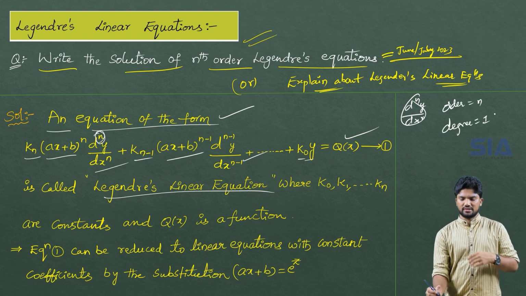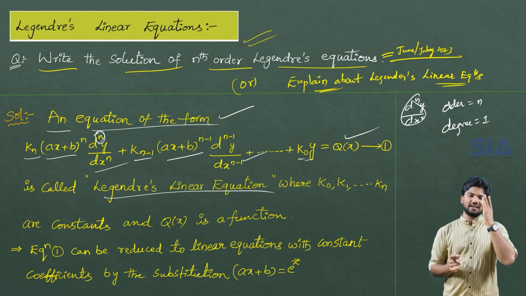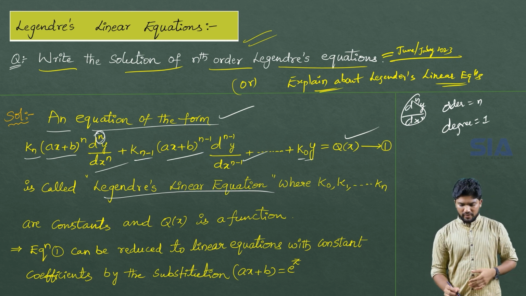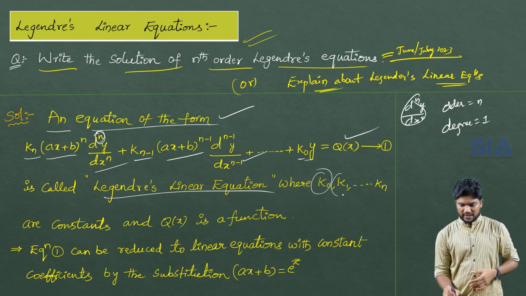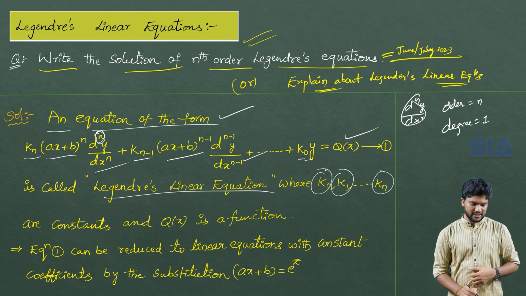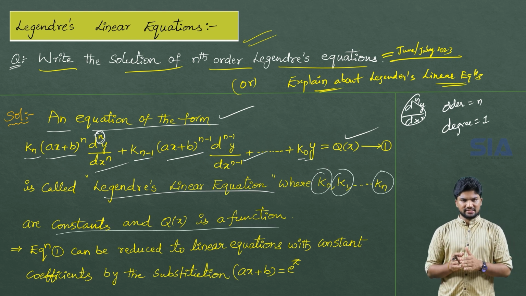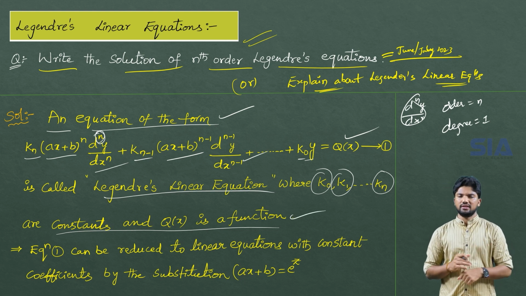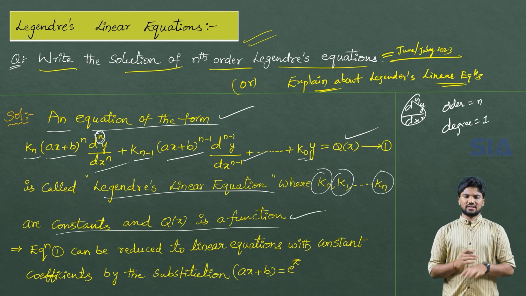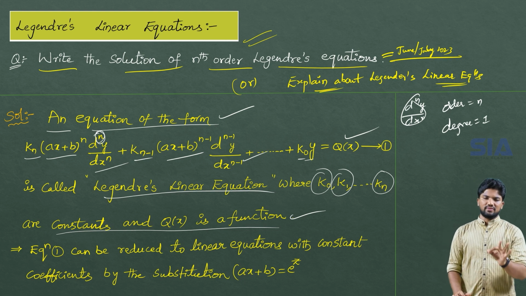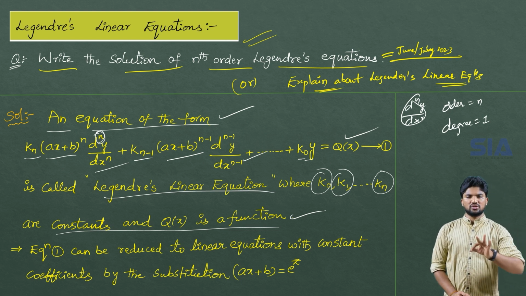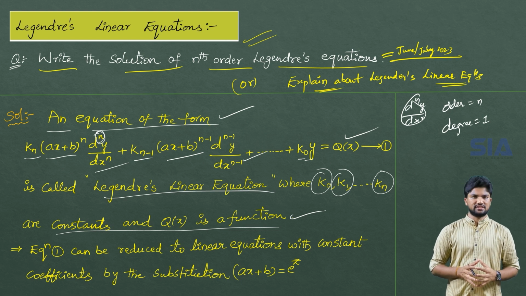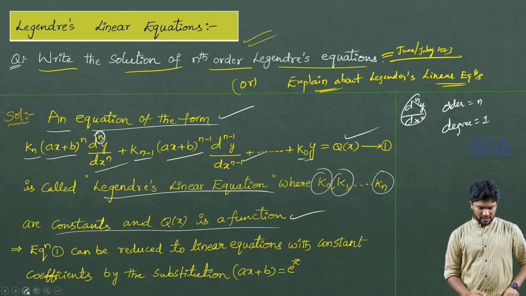So that's why we are calling it a Legendre's linear equation, where k suffix 0, k suffix 1 up to so on k suffix n are called constants, and the RHS is a function in the given variable. Okay, so clear? Whenever you have a differential equation in this format, it is called Legendre's linear differential equation.